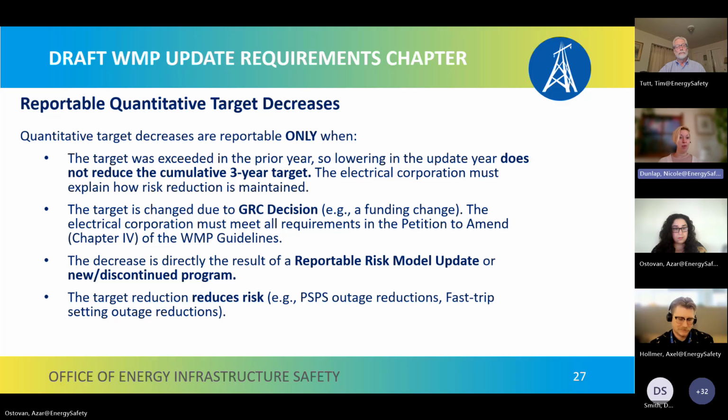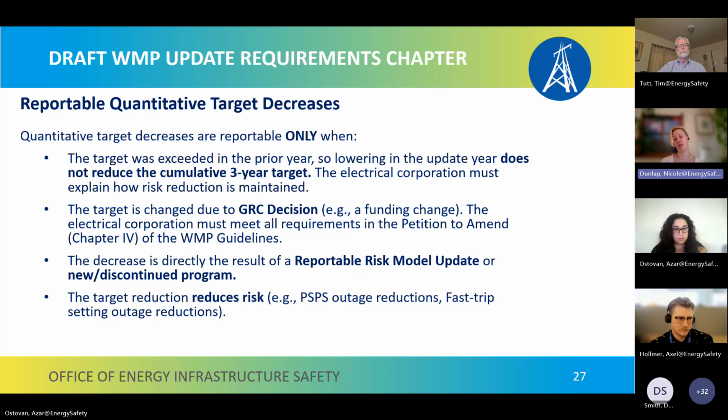That is, in the WMP update that is submitted, that update must include all required components related to the GRC changes according to the petition to amend chapter. So if a utility is including a reportable update of a target decrease due to a GRC decision, you must reference the petition to amend chapter when you're preparing your WMP update to make sure you meet all the requirements of the petition to amend chapter, even though you're folding that into your WMP update.